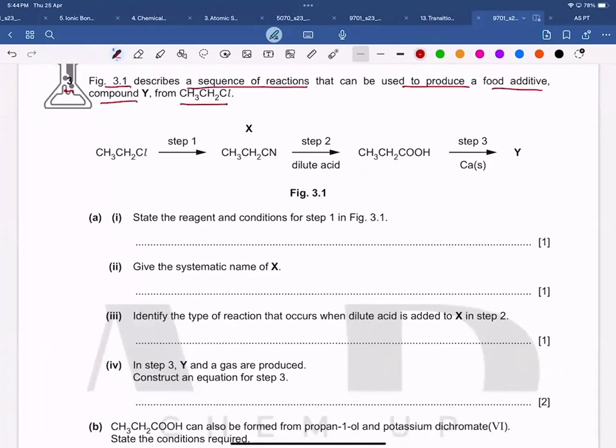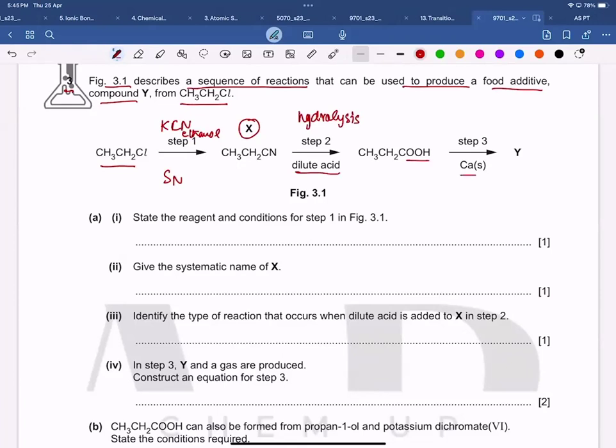X is a nitrile and it's from chloroethane, so the reagent is potassium cyanide or sodium cyanide in ethanol, and it's a nucleophilic substitution reaction where chlorine is substituted by a nitrile. Then dilute acid is added and carboxylic acid is formed. The type of reaction is hydrolysis, because on hydrolysing nitrile we get the acid.